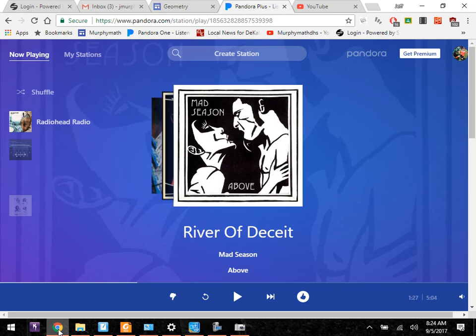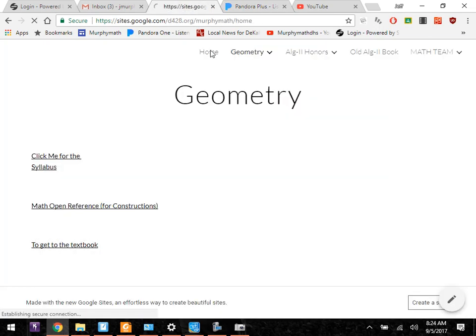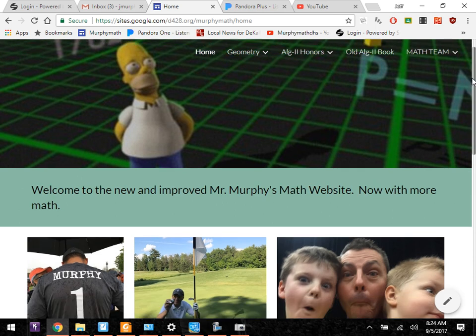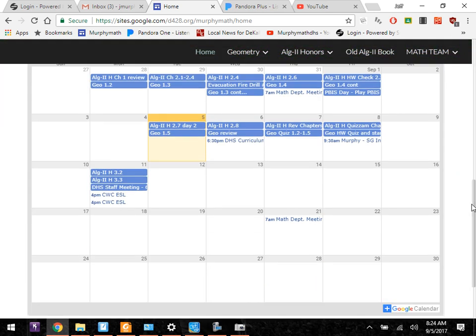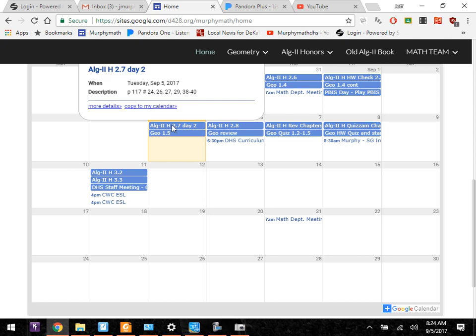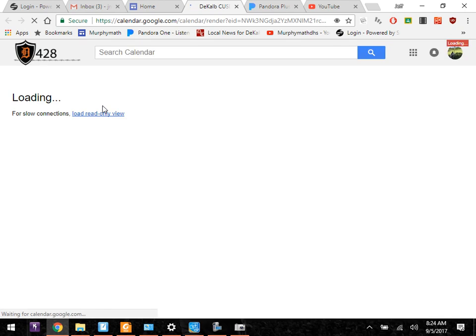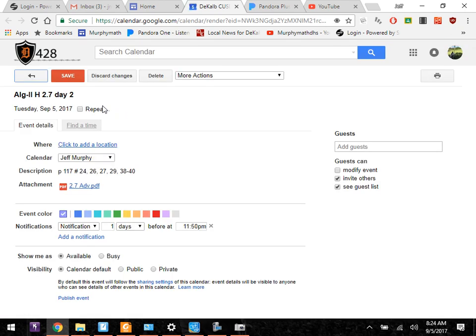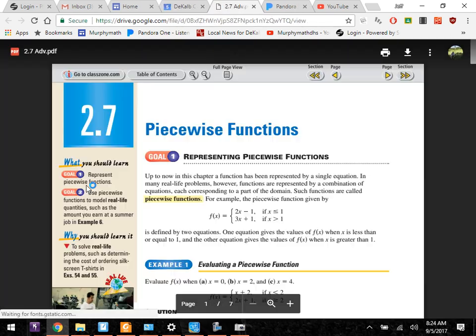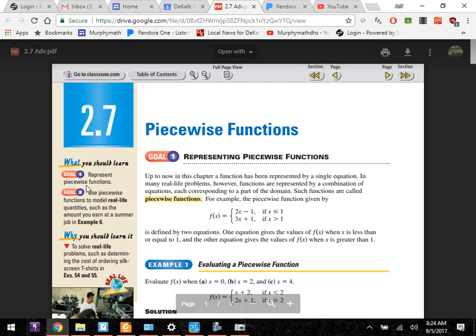If this worked correctly, all you got to do is click here, hit more details. The PDF should be the attachment there. You click on it, it should just open right up for you. There you go. All right?